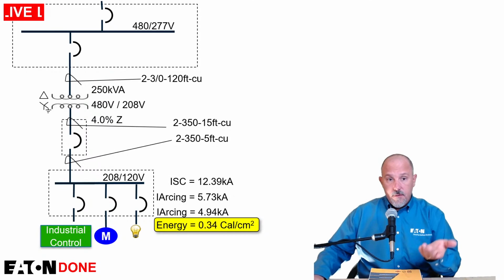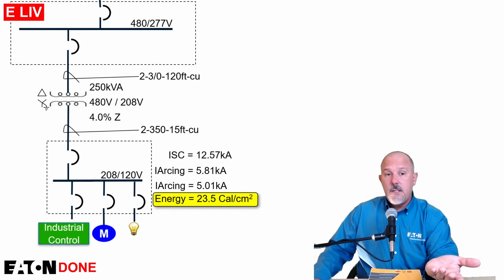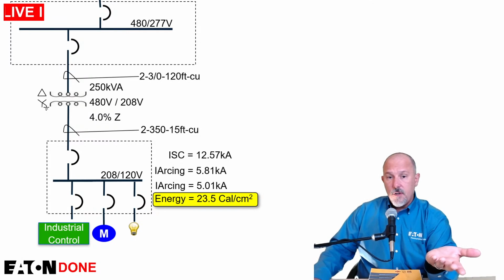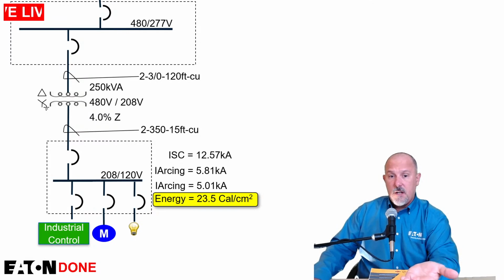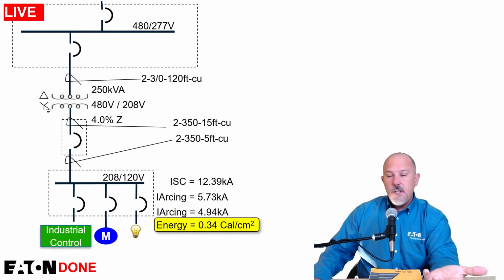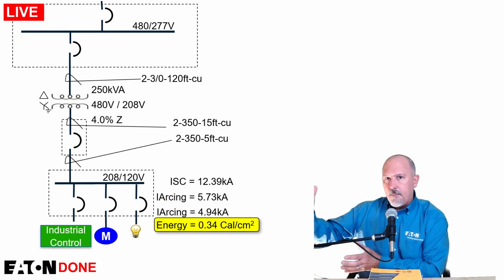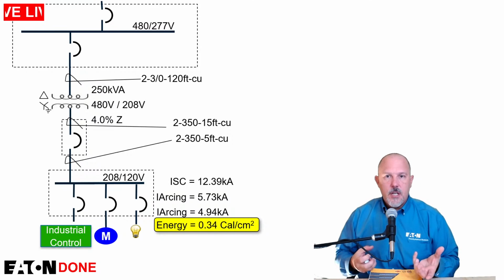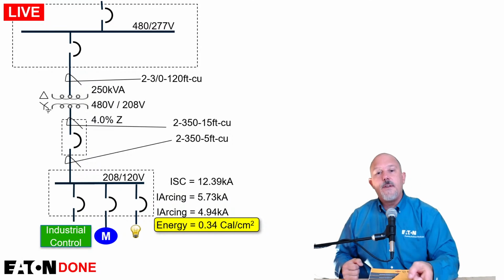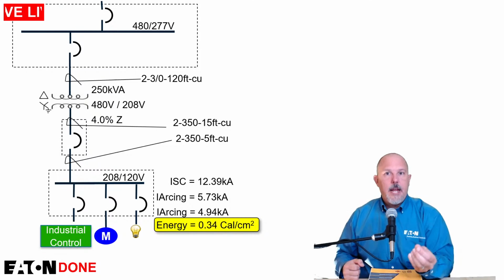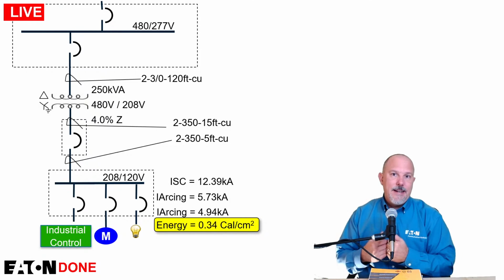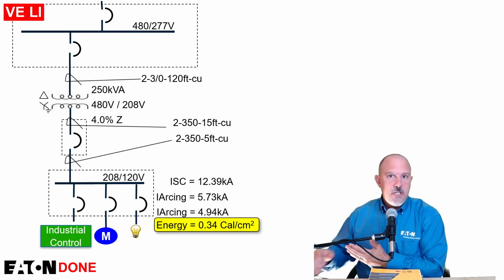Without that separate enclosure, I'm at a very high calories per centimeter squared. But if I have this secondary overcurrent device in its own enclosure, I don't have to worry about line side propagation. I can leverage the clearing time of that overcurrent protective device. Now I know my incident energy is going to be much less, even if I'm using the table method as well.